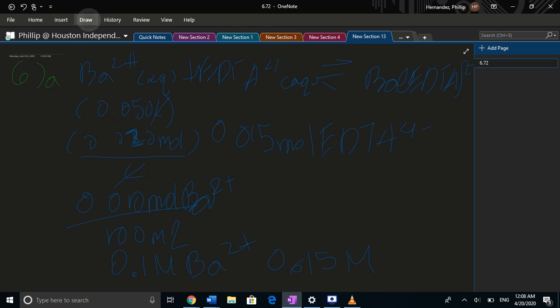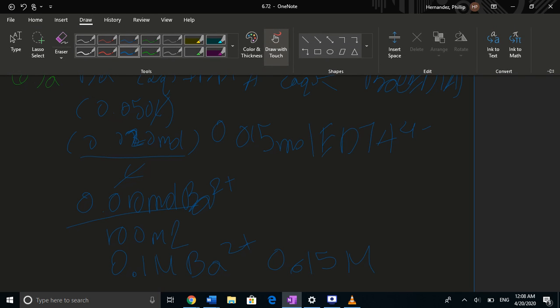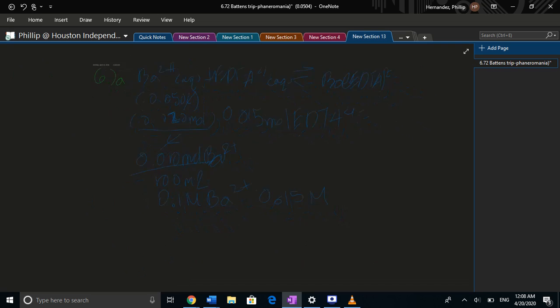So now we're going to actually do our RICE table. For our RICE table, our molarities are going to be the initial. Since this is before the reaction, the product hasn't existed yet, so 0 molar.